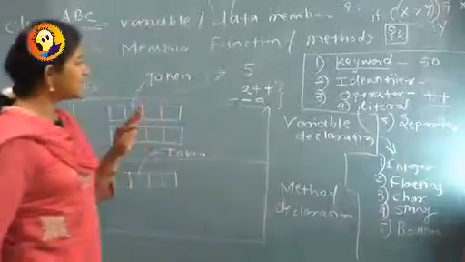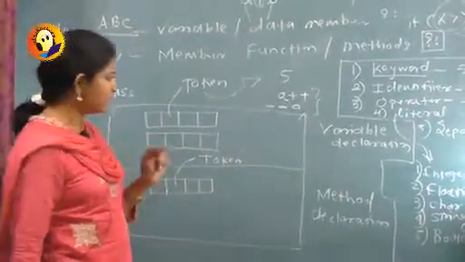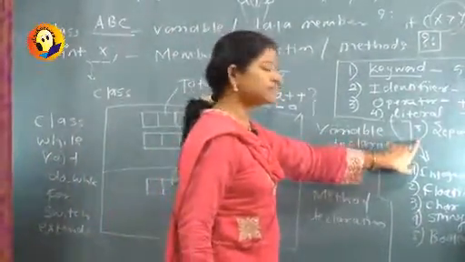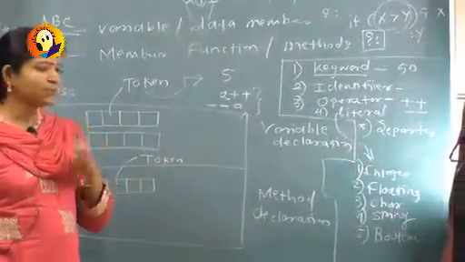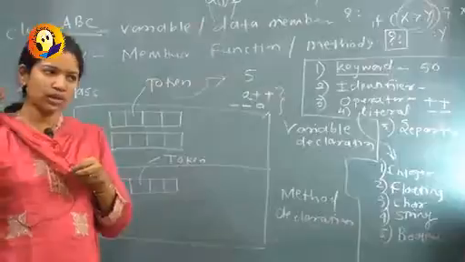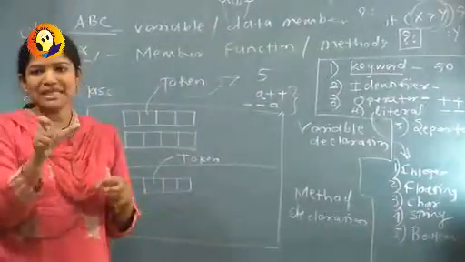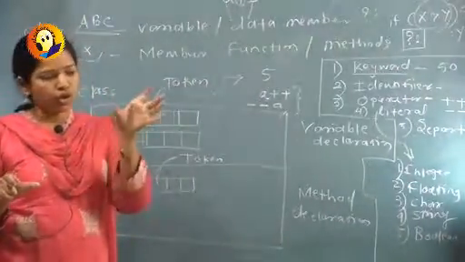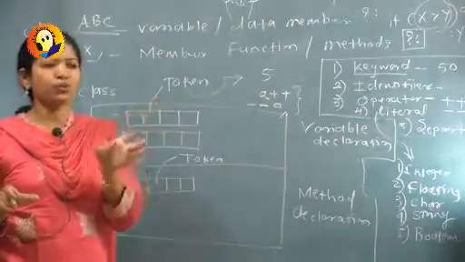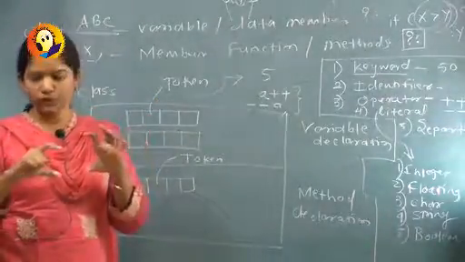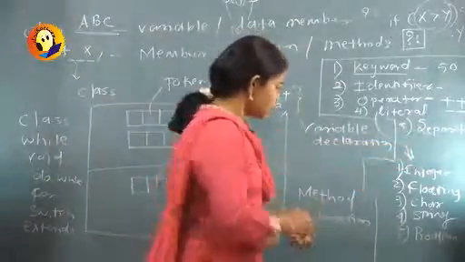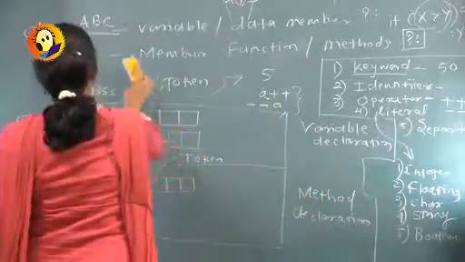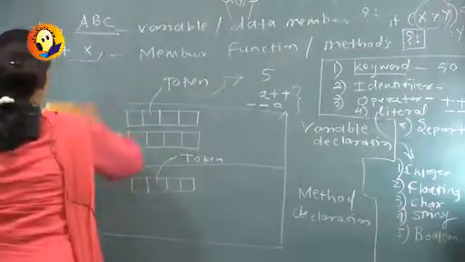Okay, so this is about the fourth token, and there is one more token, the fifth one, separator. As the name suggests, a separator is a token which is useful to separate two values, to separate statements, or to provide separation in your Java program. There are various separators used in a Java program.